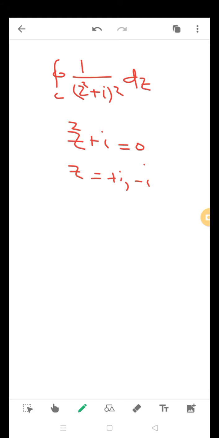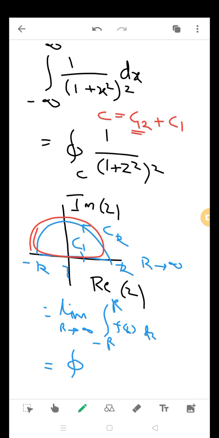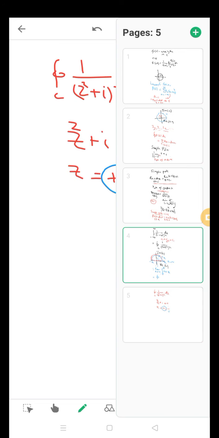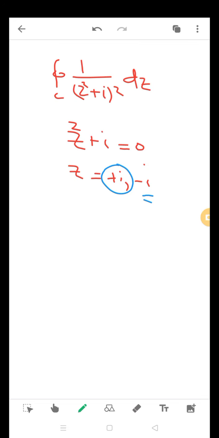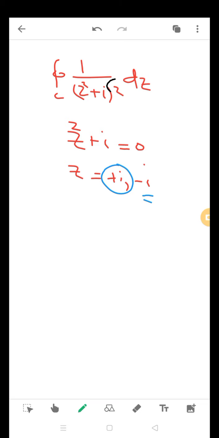Out of these, we will not consider minus i to be inside the contour, because it is lying outside the contour; if you look back, there is nothing in the negative axis. We will only consider plus i. So this is the only pole, and this is a pole of order k, because you can see that there is a power associated with it. So order k is equal to 2.